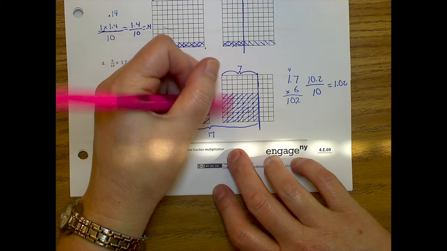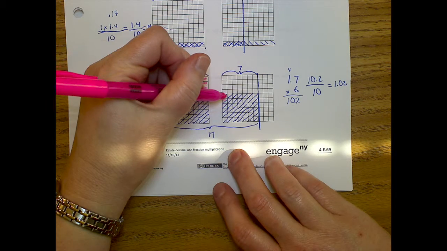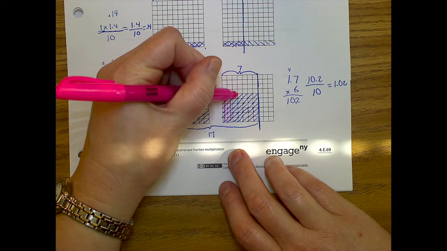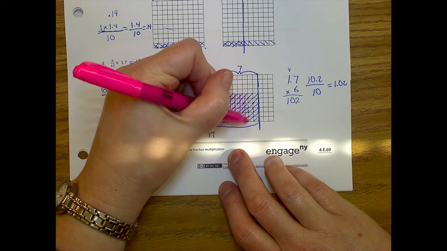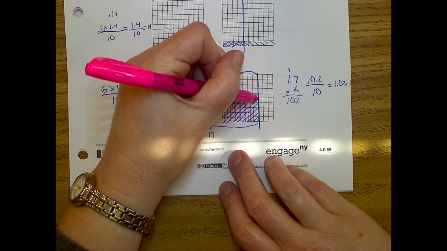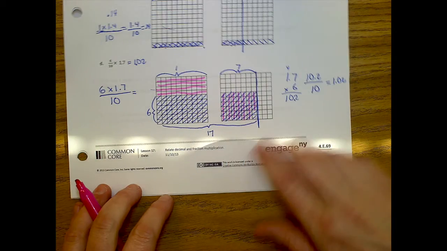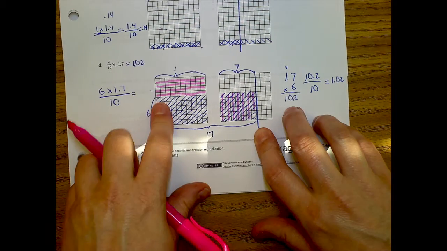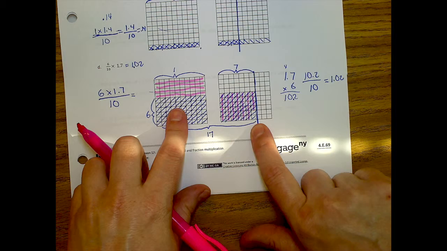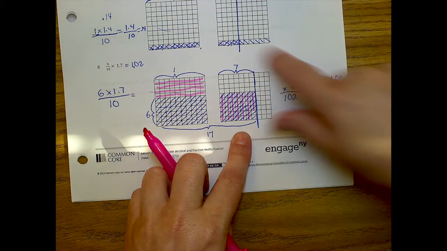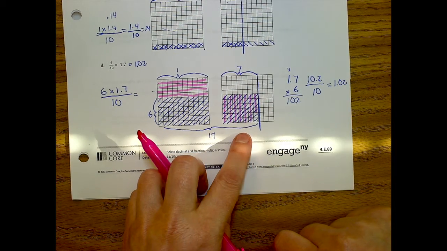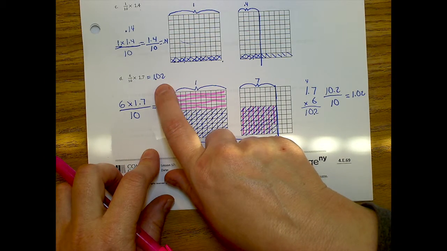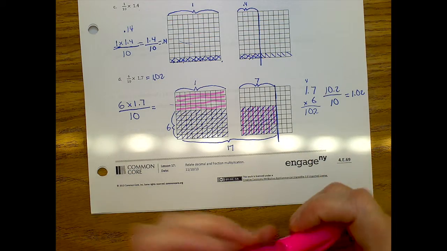How many do we have to take off over here? 1, 2, 3, 4, 5, 6, up to 36, 37, 38, 39, 40. So how many do I have here? 1 whole. And how many are left over? 2 out of how many total boxes? 100. Is that what our answer says? 1 and 2 hundredths? Yes, that's correct.